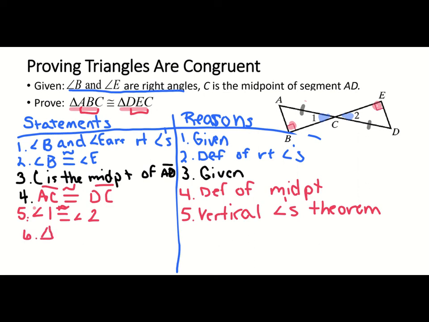So we have triangle ABC, and we know that it is congruent to triangle DEC, and that is going to be through two angles and a side, but it's not a side sandwich. It is going to be angle, angle, side. Two angles and a non-included side.